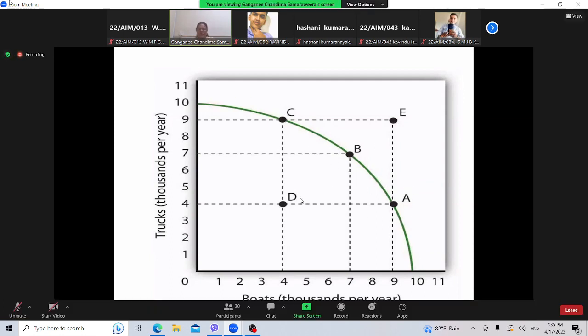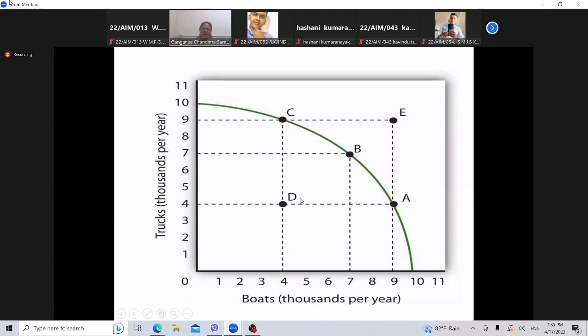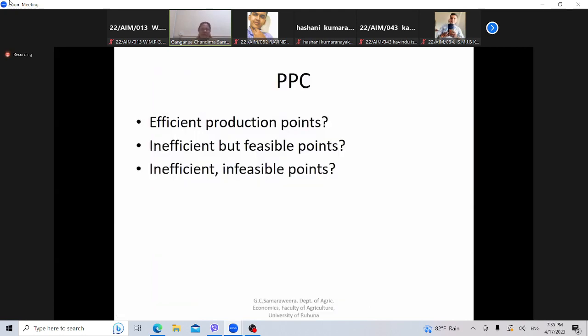Okay. Now, hope you all understood the production possibility curve very clearly.